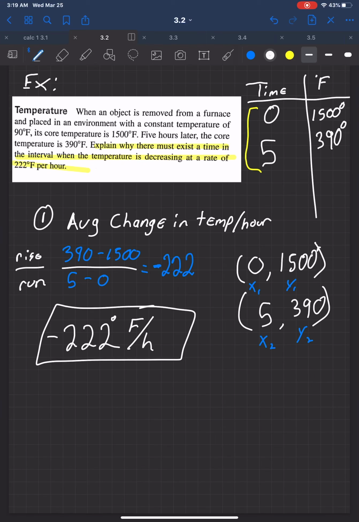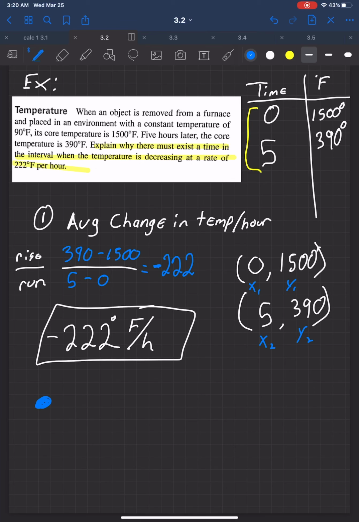Well, how do I answer the question? At this stage of the game, see this bullet point, you make a statement. So let's read what I highlighted: explain why there must exist a time in the interval when the temperature is decreasing at a rate of 222 degrees Fahrenheit per hour.